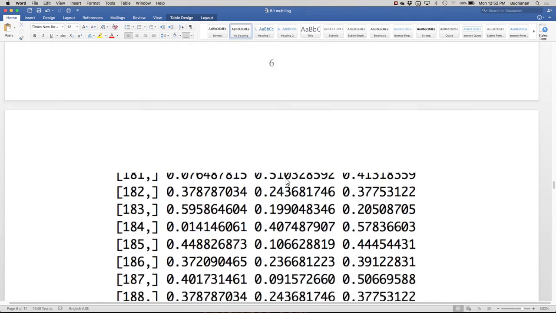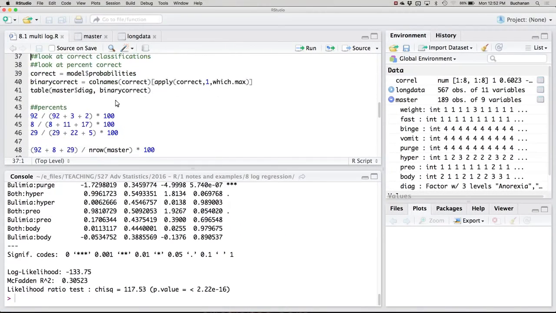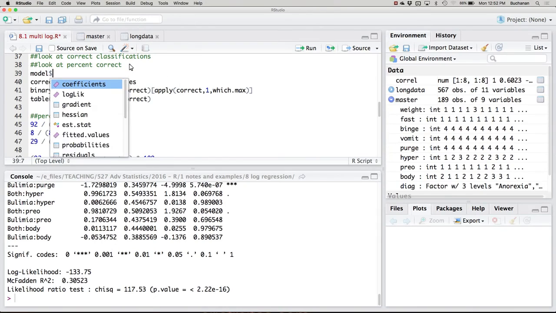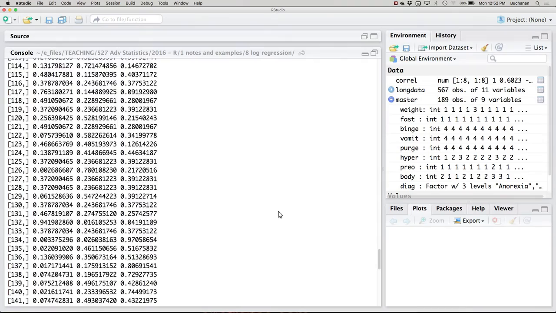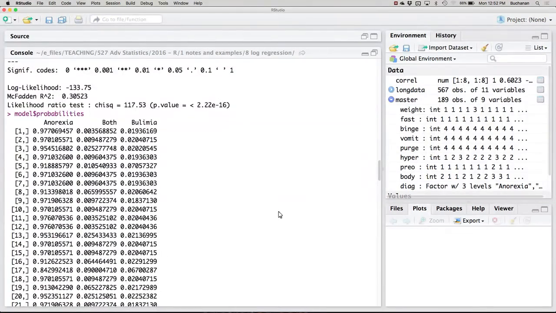All right. What we can do is pull the probabilities. So let me just type them real quick. Model probabilities. So you don't have to do that. I'm just showing you where I got these numbers from. Instead of saving a probability of group 2, it saves the probability for each group because since there are 3, it would be weird. The probability of group 2 twice.